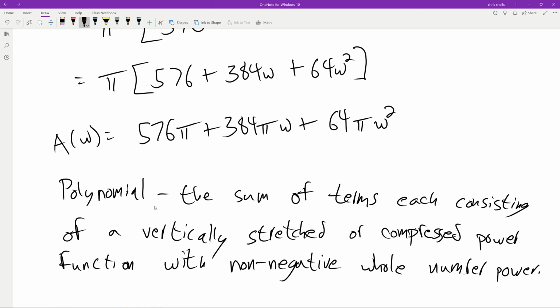We stress non-negative instead of saying positive, because this means that this power could be 0 also.